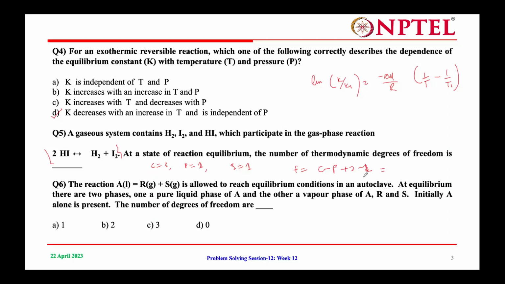So put all the values in this equation: 3 minus 1 plus 2 minus 1, so 3.